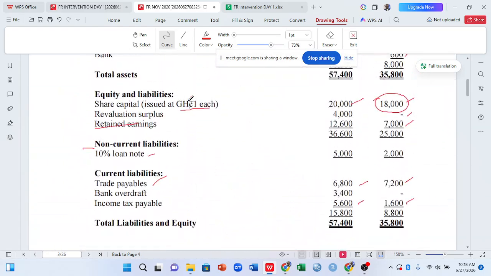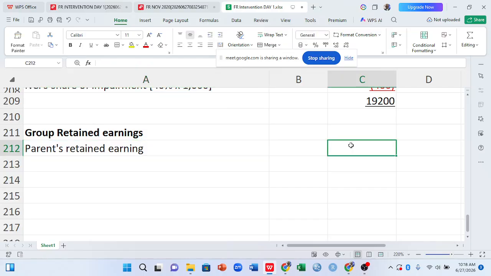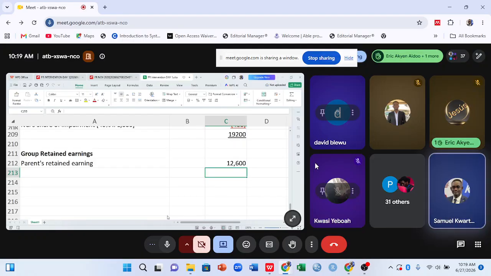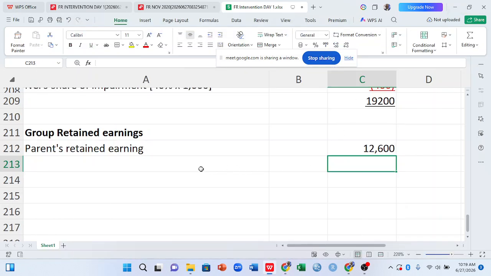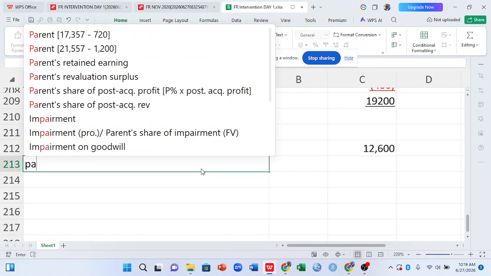Parent's retained earnings, yes, 12,600. Please mute yourself. I'm getting feedback. So that's 12,600.